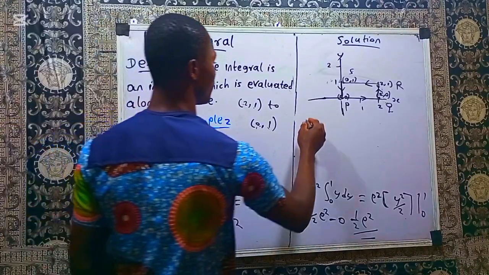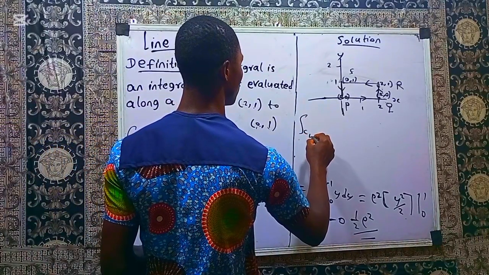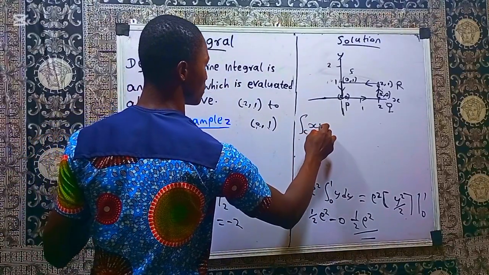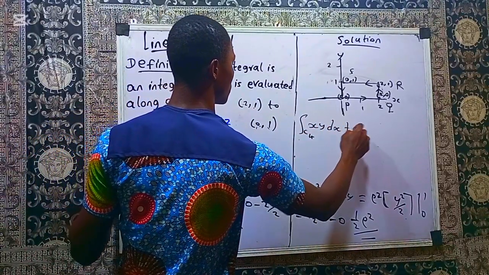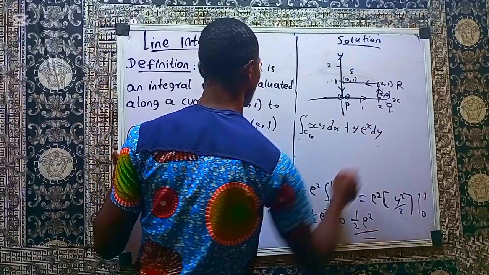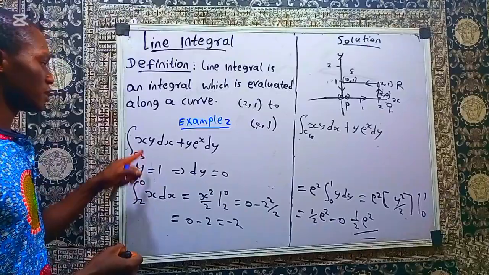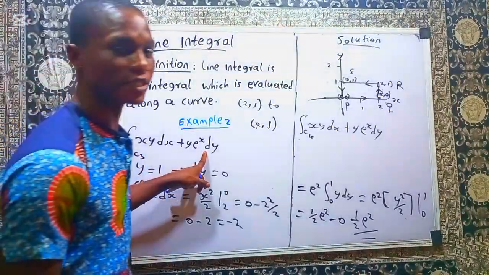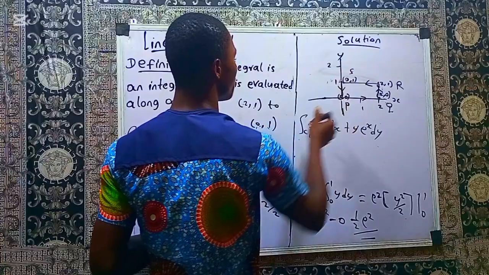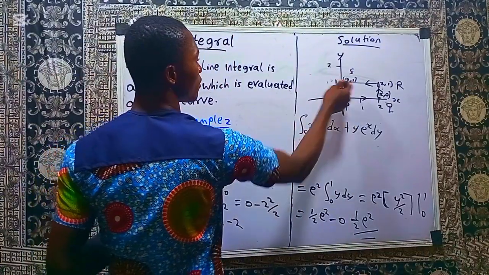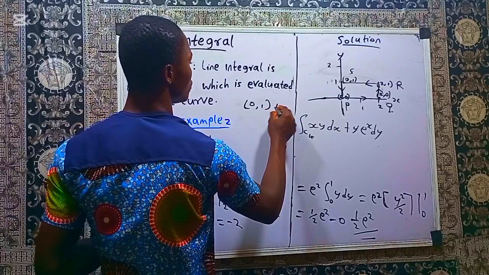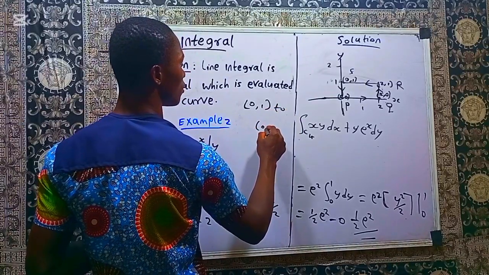Let's look at C4. Integral over C4 of what we have is xy dx plus y exponential x dy. That's what we got in our F dot dr. C4 is moving from S to P. So for C4 we are moving from point S (0, 1) to point P (0, 0).